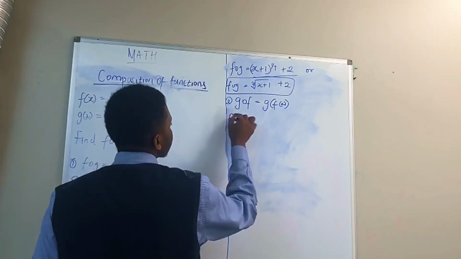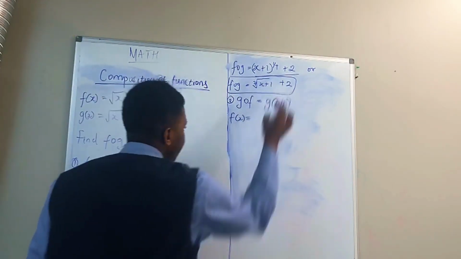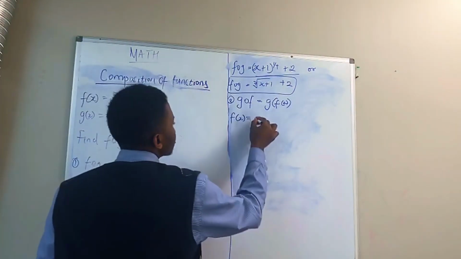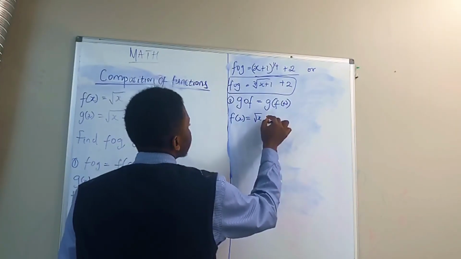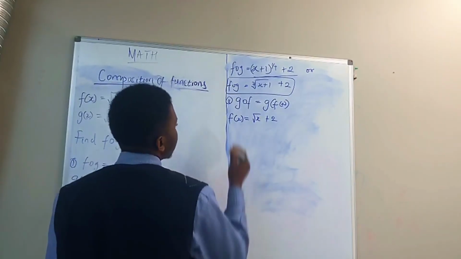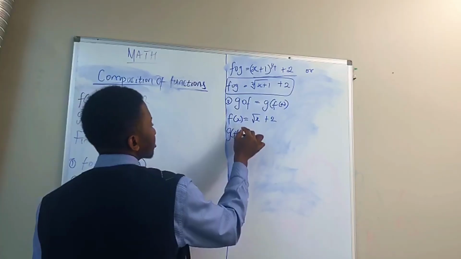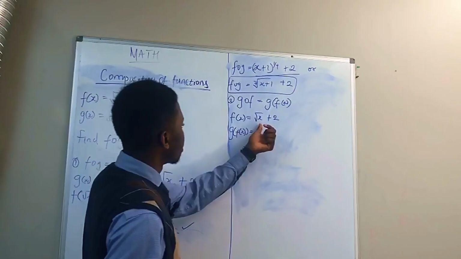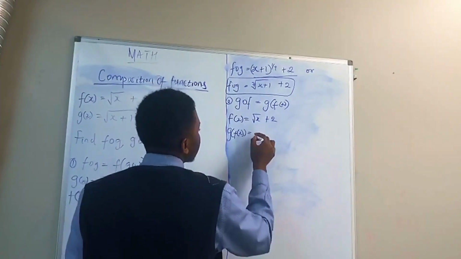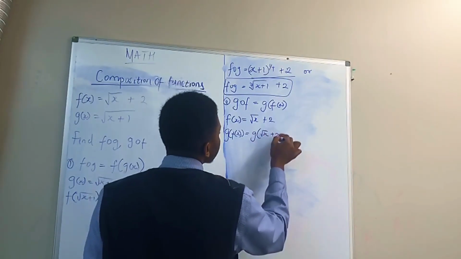So f of x is given to us as root x plus 2. And so g of f of x is g of this, that's g of root x plus 2.